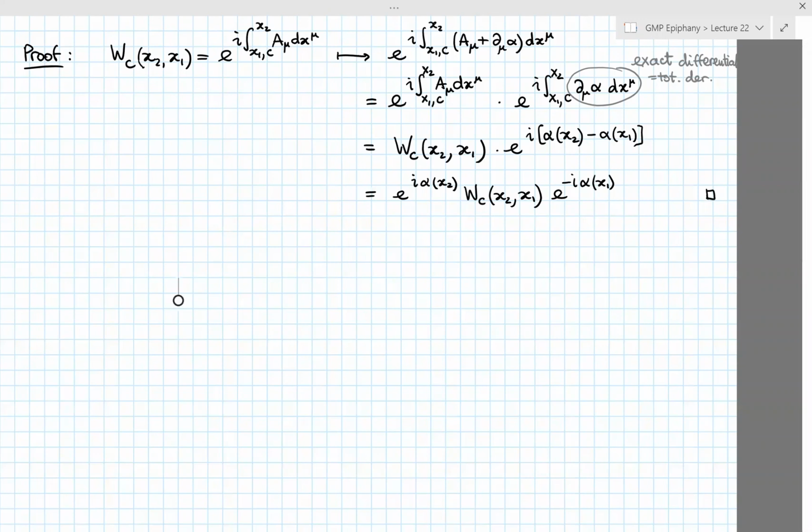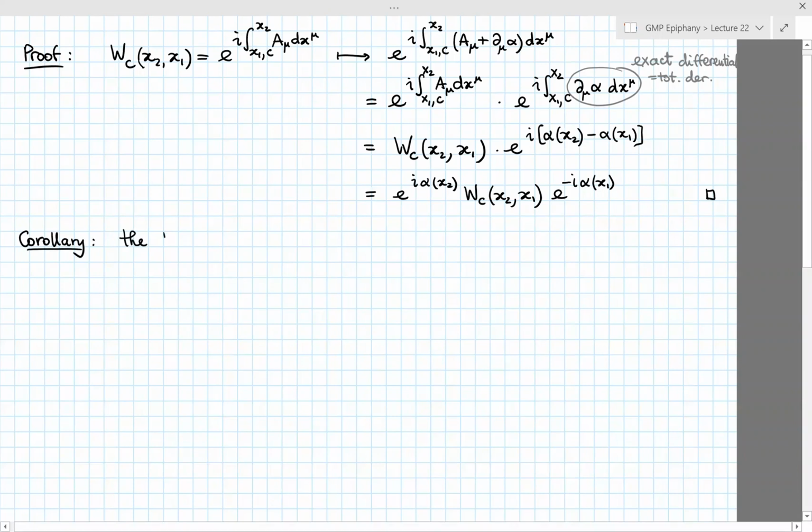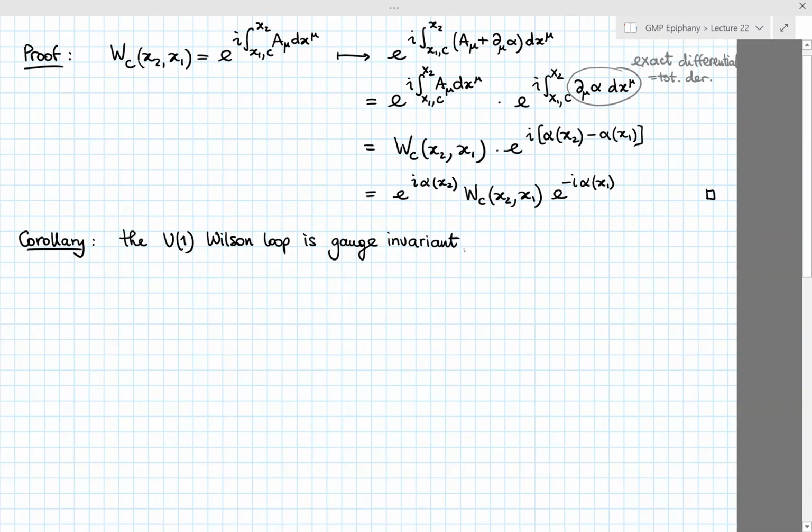And while we're here, let me also mention a corollary. The corollary is that the U(1) Wilson loop is gauge invariant. The reason is that the loop is closed, so it has no boundary, or in other terms, you could start and end at the same point, x1 equal to x2, and then the two phases cancel out.